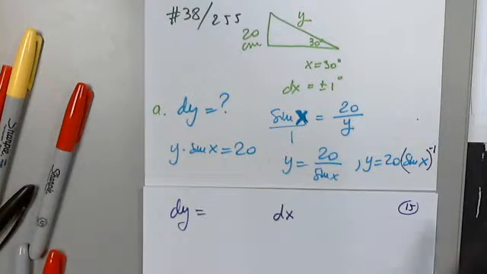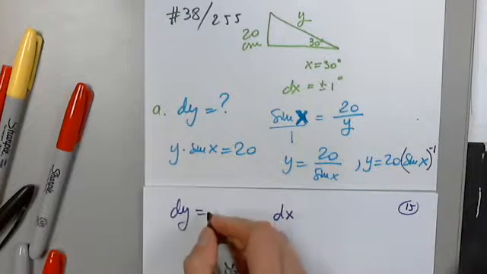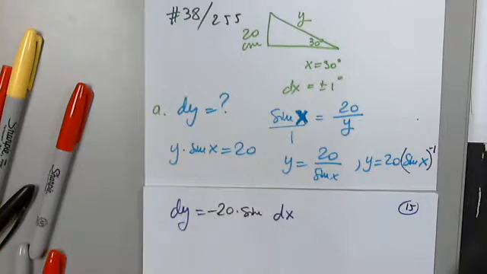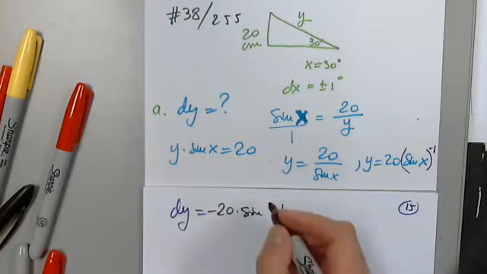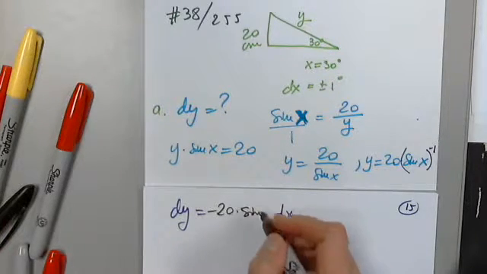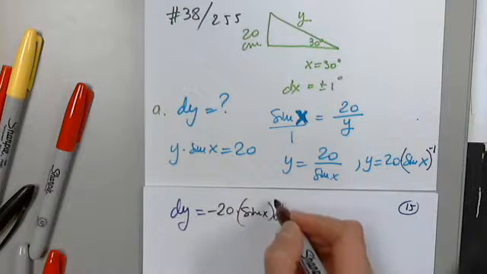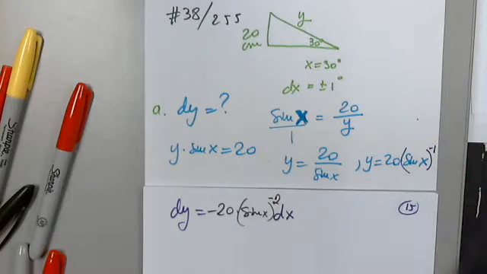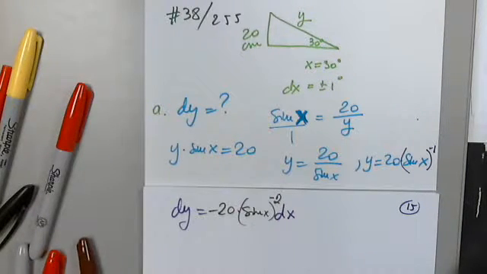I have 20. I bring down -1, so that's -20, times sine to which power? -2. From -1, I have to subtract 1. I bring down -1. I subtract 1 from the power. And times the inner function prime.